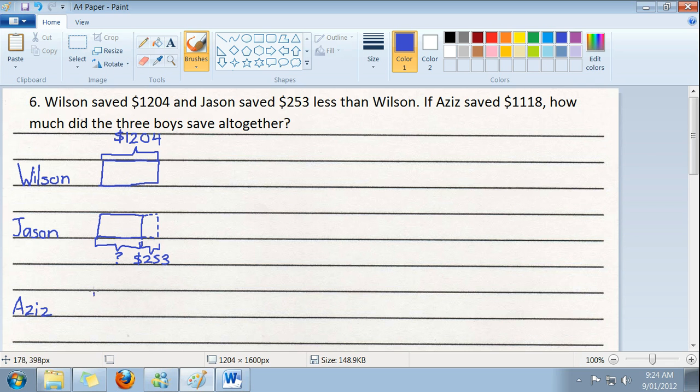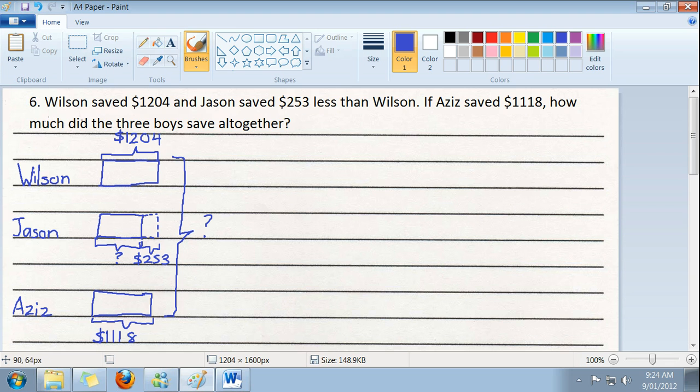Okay, and I'll label it here. Now this line means the total.